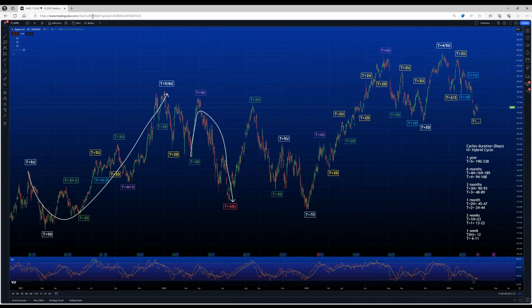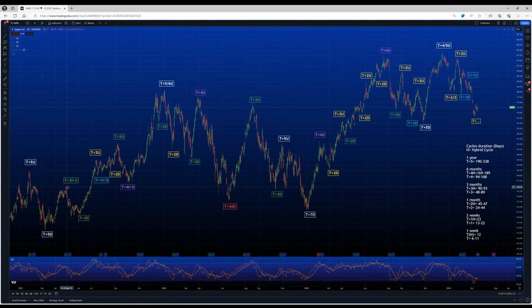Lastly, there is another thing that deserves to be mentioned, and this is the symmetry. Sometimes there is a specular symmetry between upward cycles and downward cycles. For example, here we had a T plus 5 as an upward cycle, and here we have a T plus 5 downward cycle.